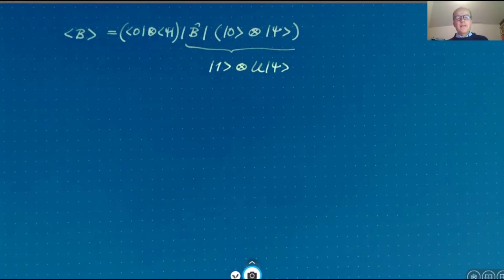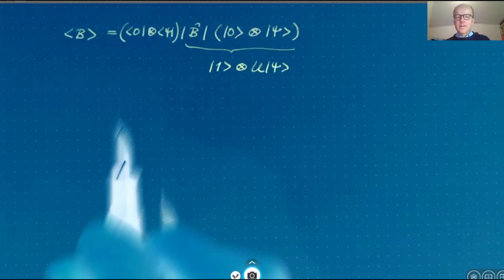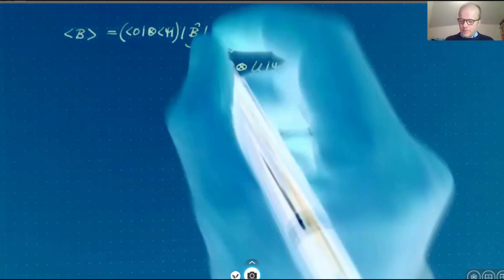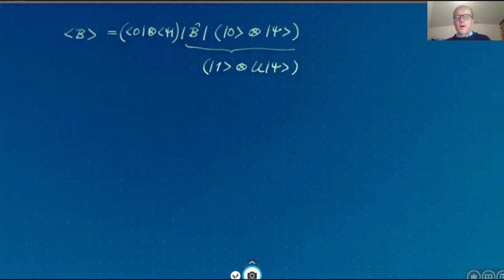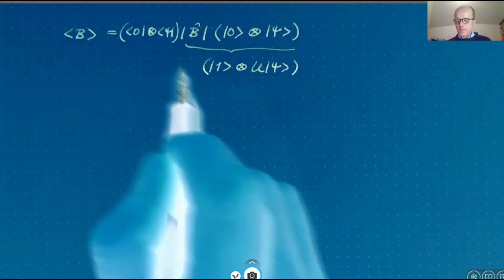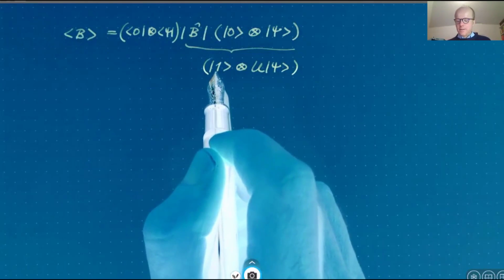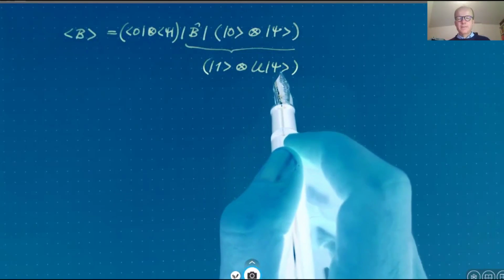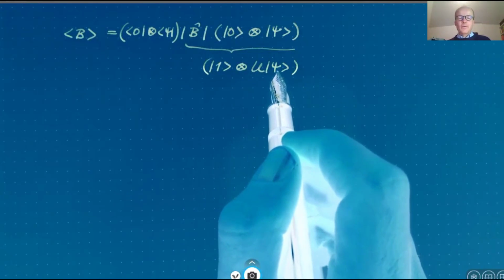And now you can immediately see when you calculate the scalar product of these two tensor product states, 0 tensor psi with 1 tensor U psi, then you do that factor by factor.